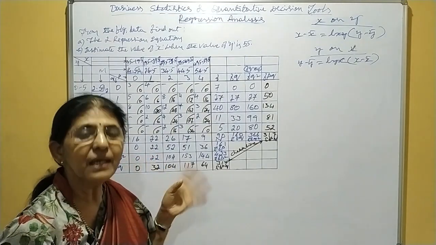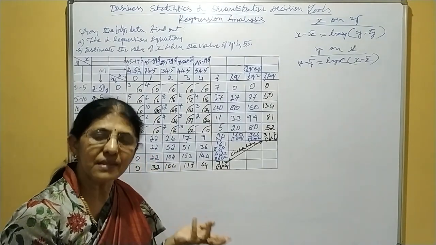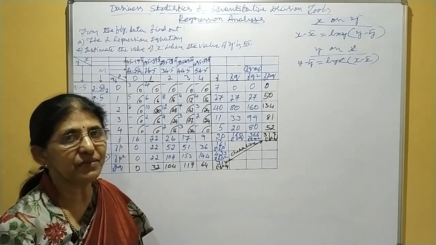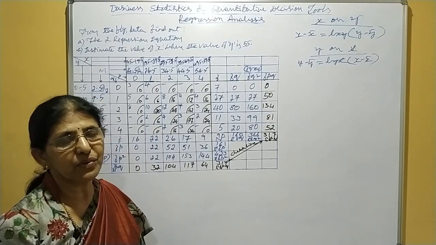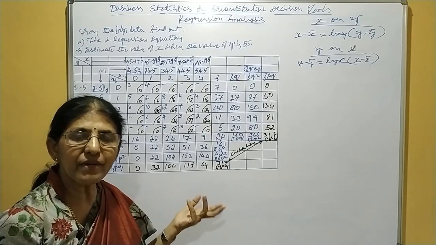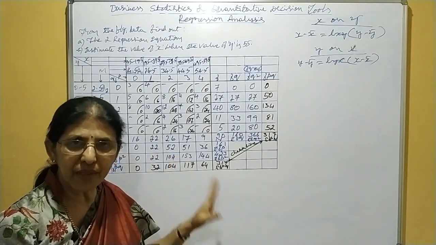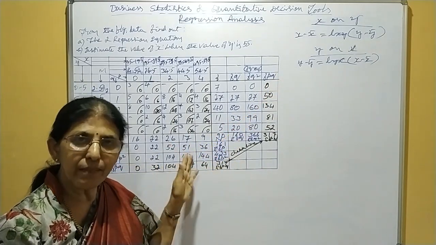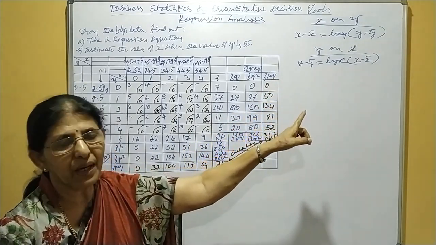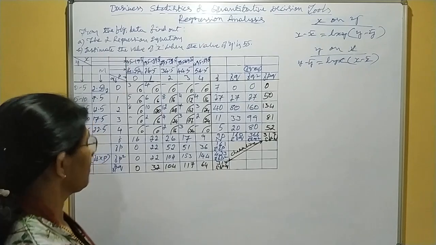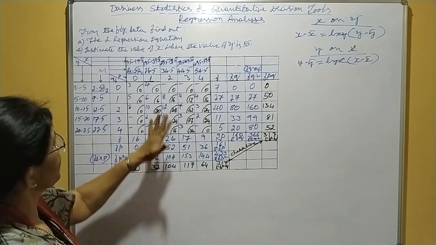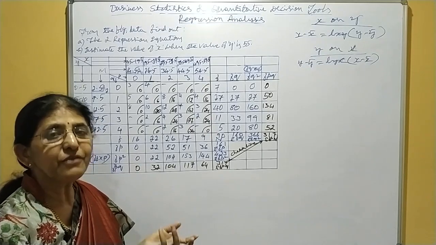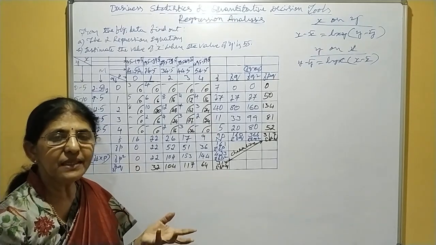That means which method is it? Step deviation method. As per the step deviation method, first we have to find out averages, the arithmetic mean of variable x is nothing but x bar, the arithmetic mean of variable y is nothing but y bar. Okay. Now, to find out x bar, what information is required?